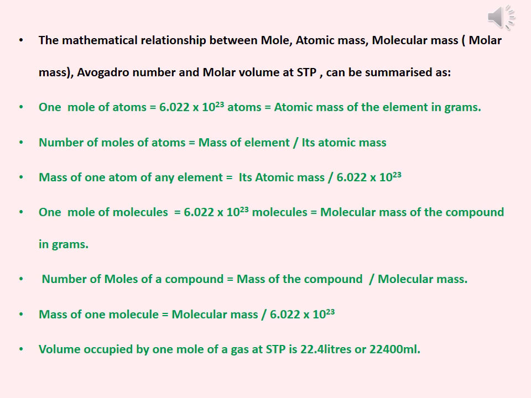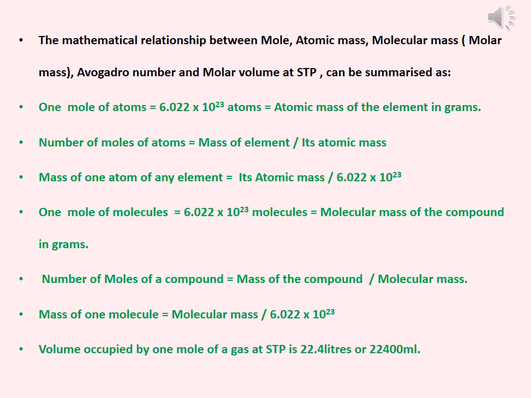Because 6.022 into 10 power 23 atoms of that element will weigh its atomic mass. For example, 6.022 into 10 power 23 atoms of sodium, Na, will weigh 23 grams. Therefore, the mass of one atom of sodium would be its atomic mass 23 divided by Avogadro number 6.022 into 10 power 23.